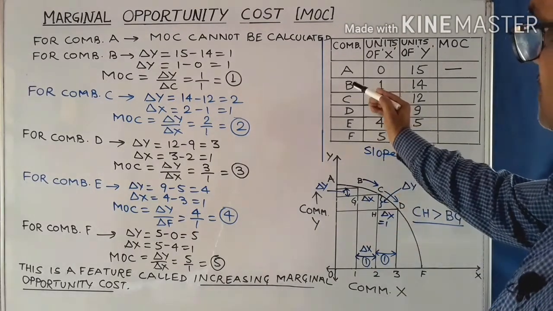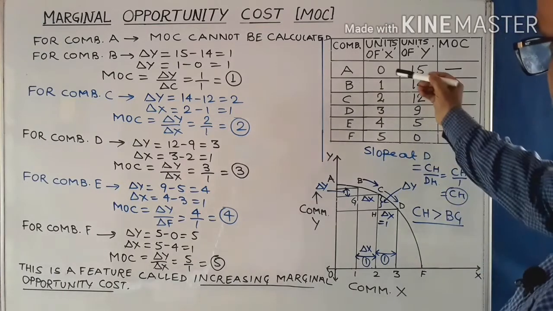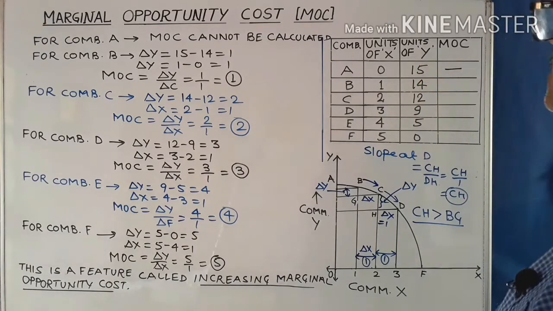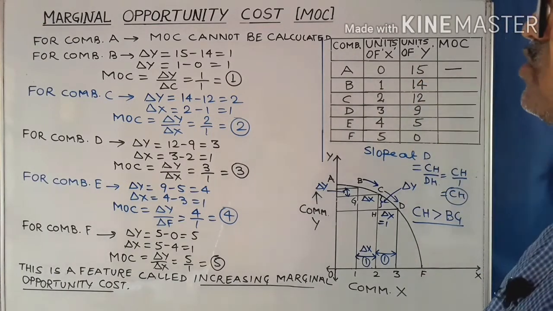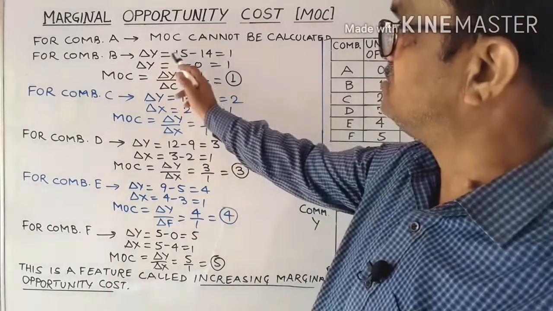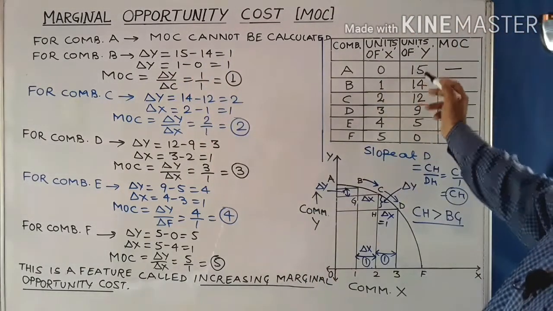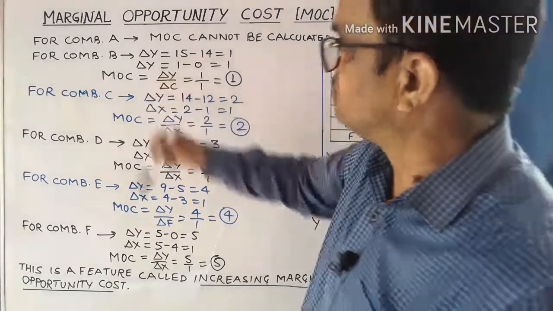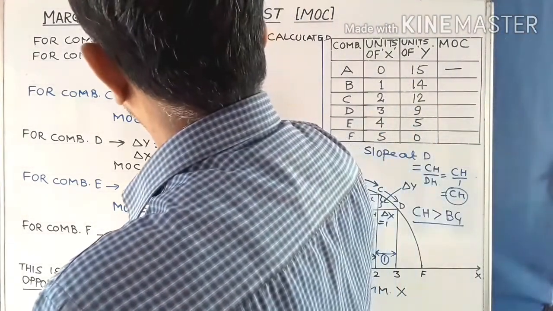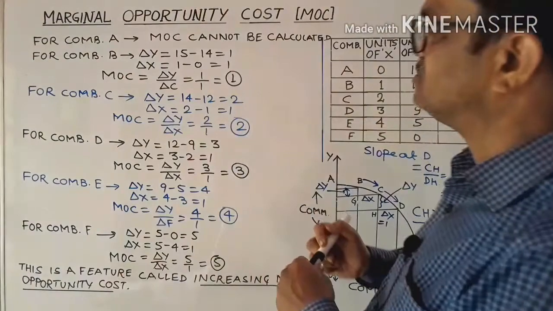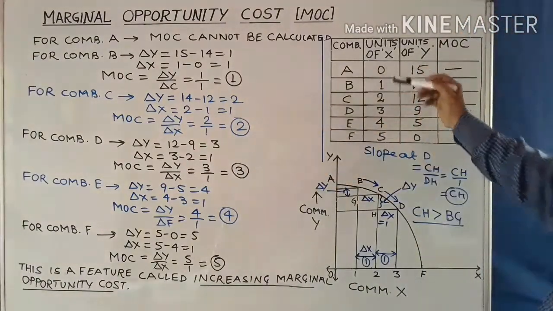But so far as combination B is concerned, there is an increase in units of commodity X and a decrease in units of commodity Y. That delta Y is equal to 1 unit, 15 minus 14. Delta X is equal to 1 minus 0, that is 1.